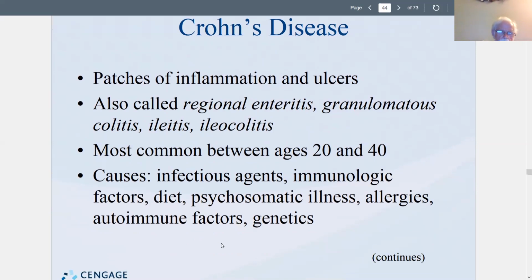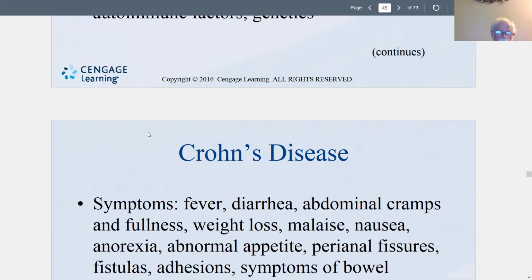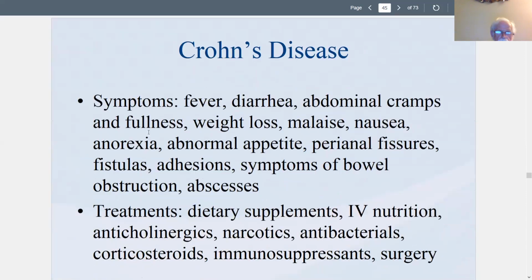Causes can be infectious agents again. It can be immunologic. You can have some immune system dysfunction that's causing the problem. Diet, psychosomatic illnesses, allergies, genetics appears to run in families, and then some factors that are consistent with autoimmune disease.